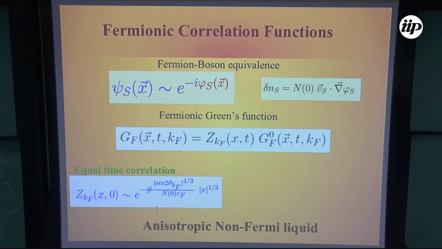But if you have a gap, what you expect is an exponential, e to the minus x. However, in a Fermi liquid it's a power law, and this is in the middle. It's not an exponential, but it's not a power law either. This is something strange. We identify this with some anisotropic non-Fermi liquid. This is not a Fermi liquid; however, we don't know what it is.